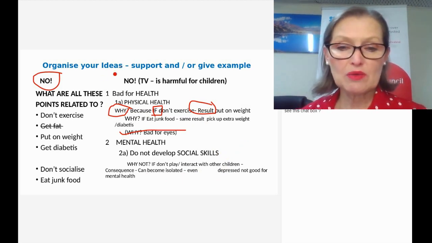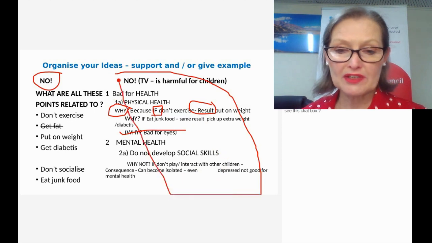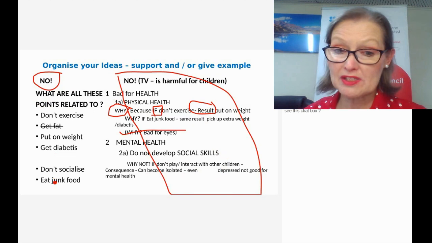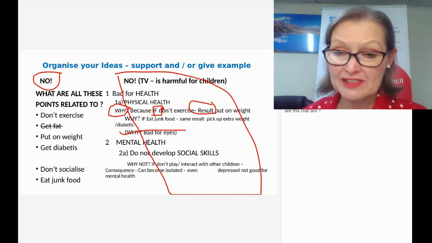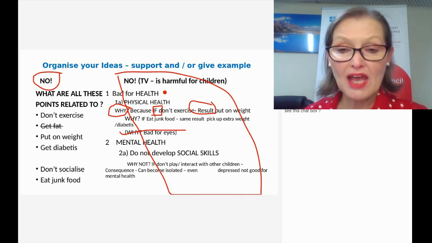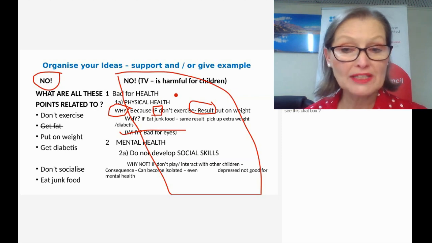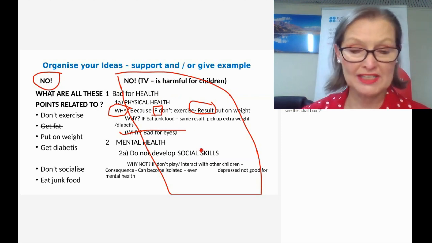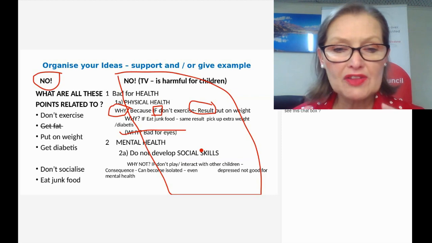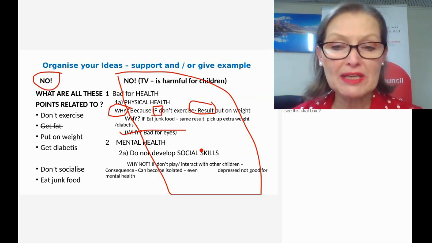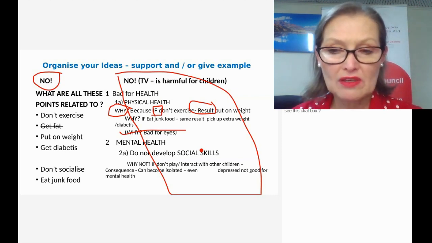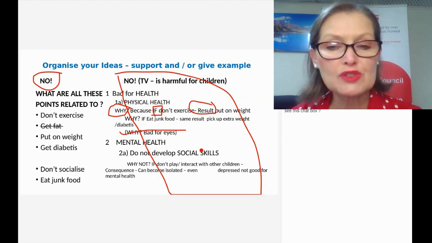So can you see that what I've put on this side over here is very different to how I started out once I started to think through my ideas and extend them and combine them into main idea and supporting idea. And this is where I see so many essays falling down, is that students don't do this adequately.